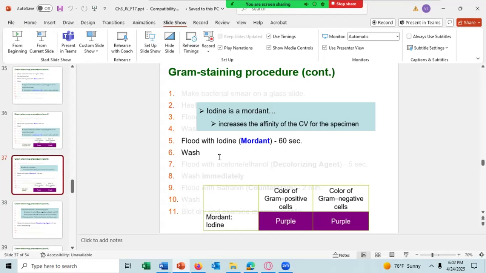You then dump it off and wash it with cold water. After applying the iodine, the cells will be a purple color, a little less blue purple, another more purple color. And you'd have to look very closely, but if you do, you might see its more intense color.